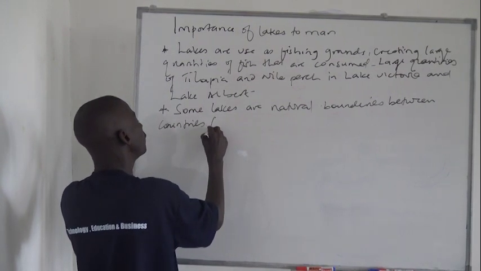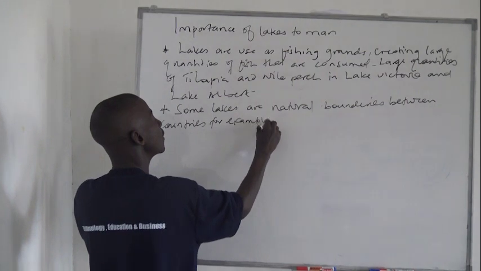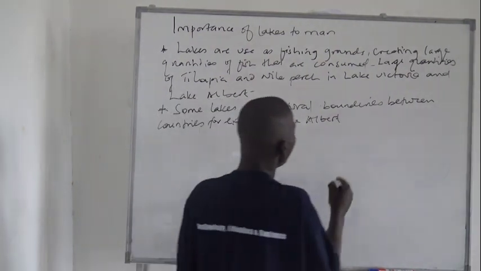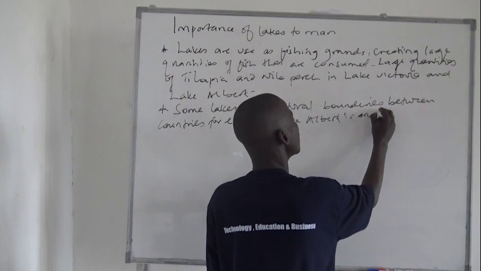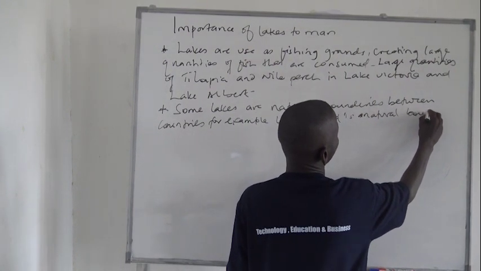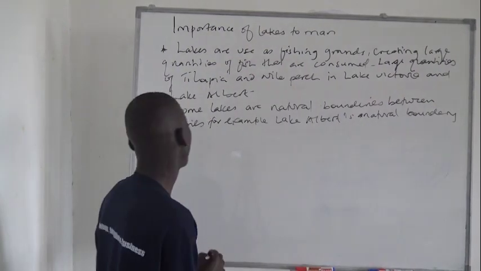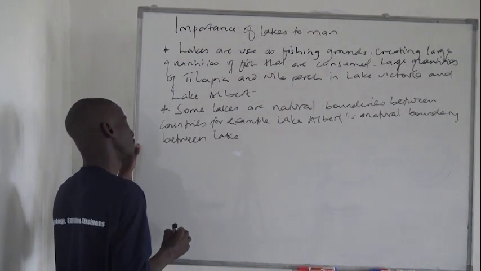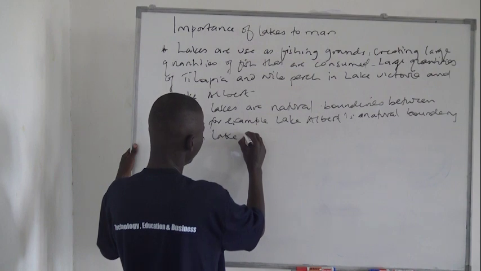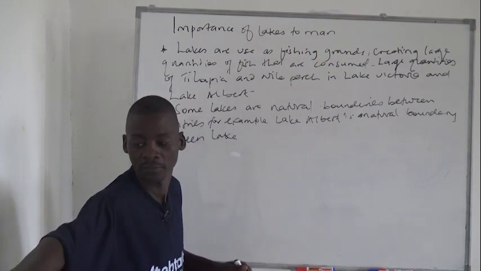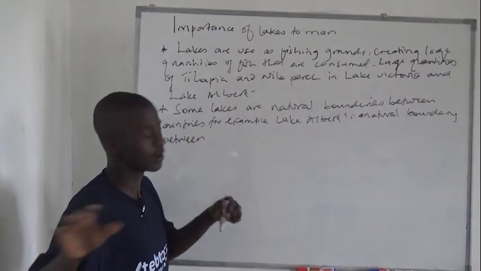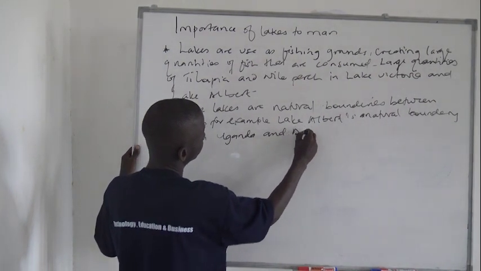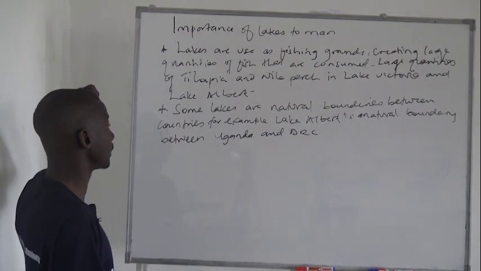The best example is Lake Albert, a natural boundary between Uganda and DRC. So it acts as a natural boundary.